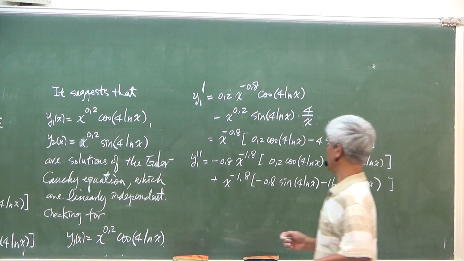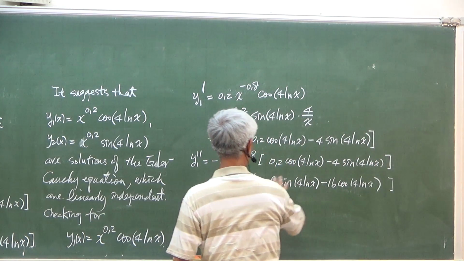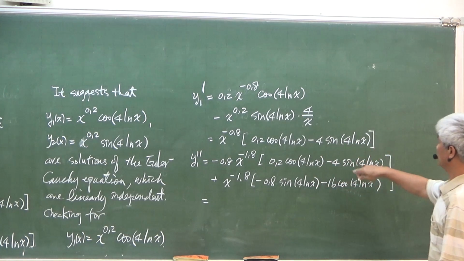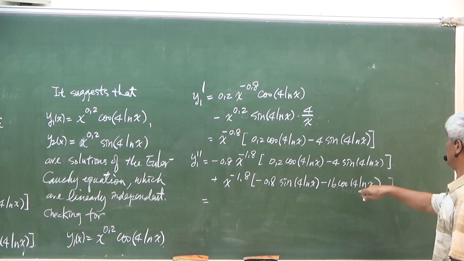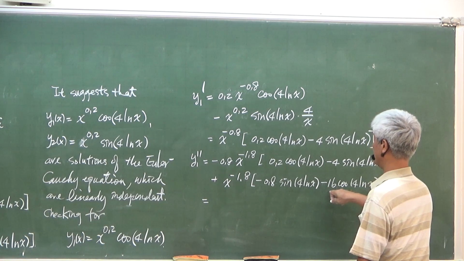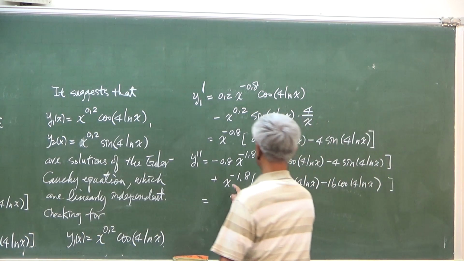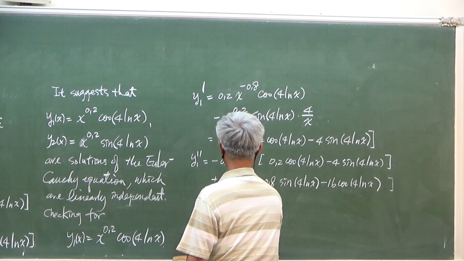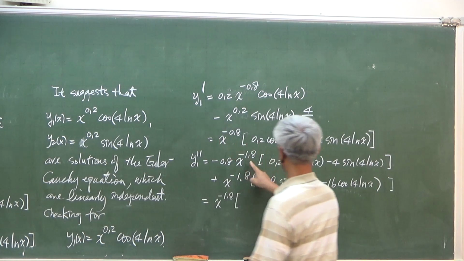All right, so we can do some combination. First of all, we have x to the minus 1.8 here.